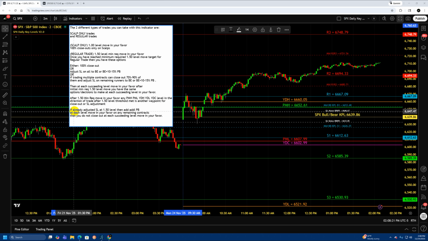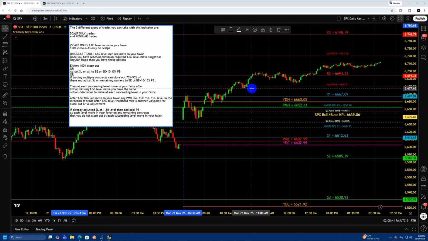Then also, if you already adjusted your stop loss at the 1.5 level move threshold, then optionally you can add additional profit buffers at each level move in your favor on any remaining contracts that you do not close out at each succeeding level move in your favor.